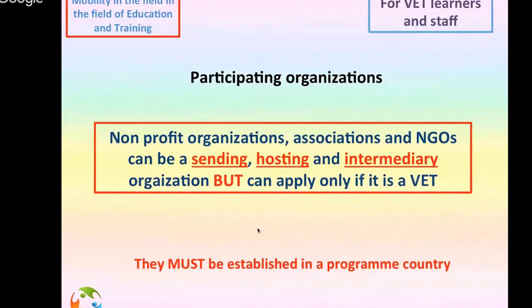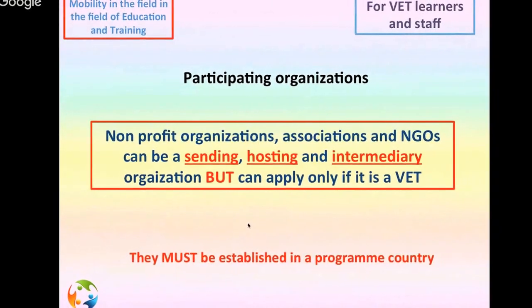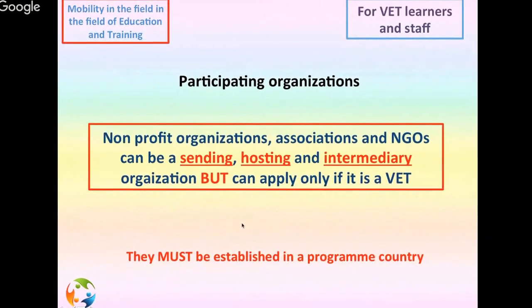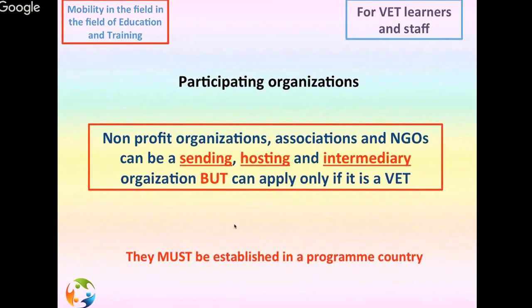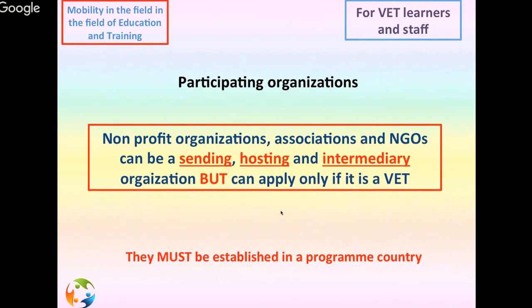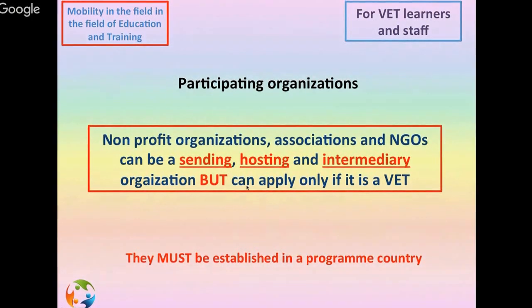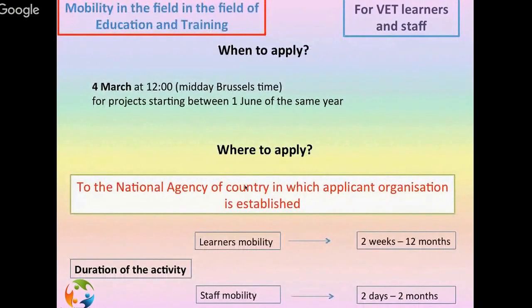And the non-profit organization can be sending, hosting, and intermediary organization, but they can apply only if they are also a VET institution. And all these organizations must be established in the program country.